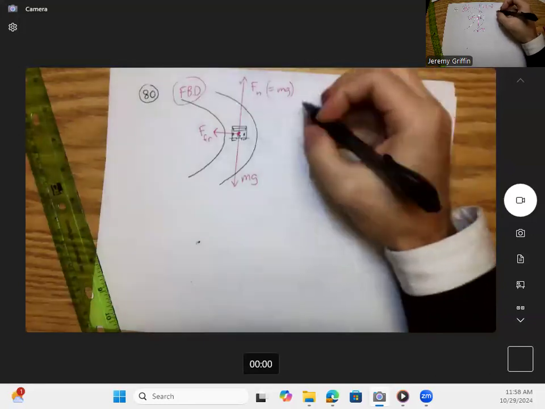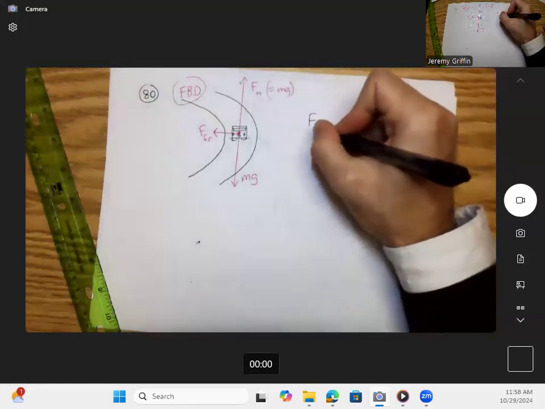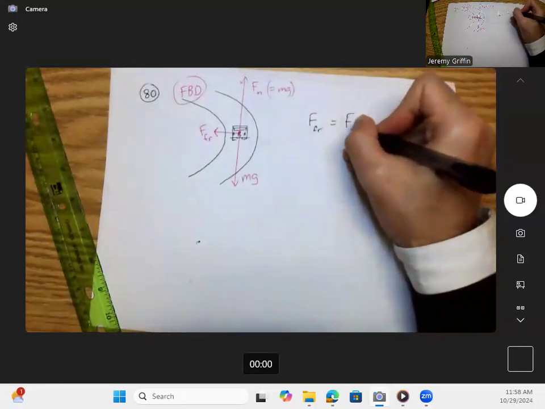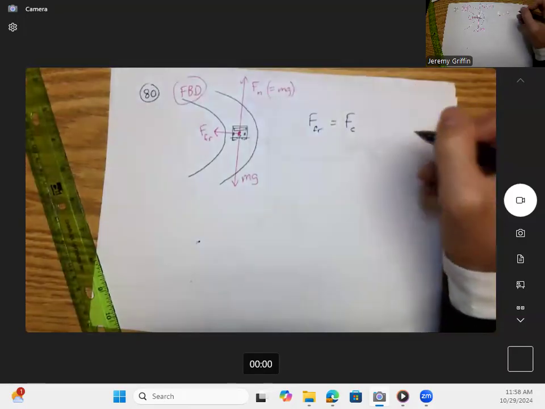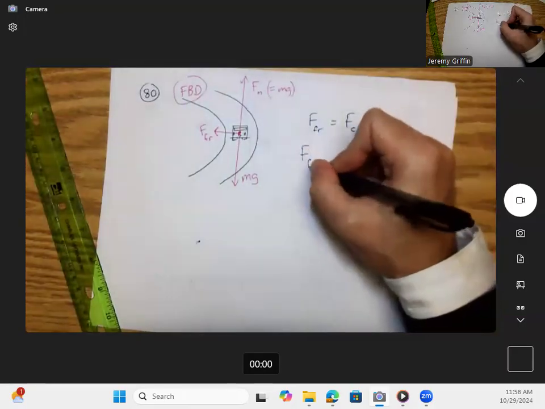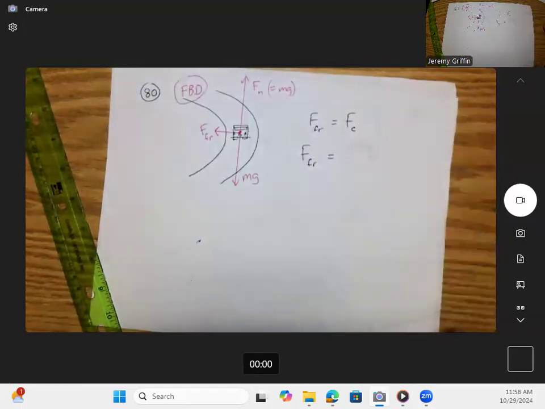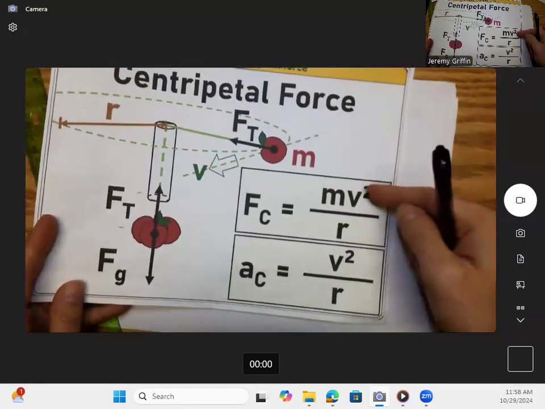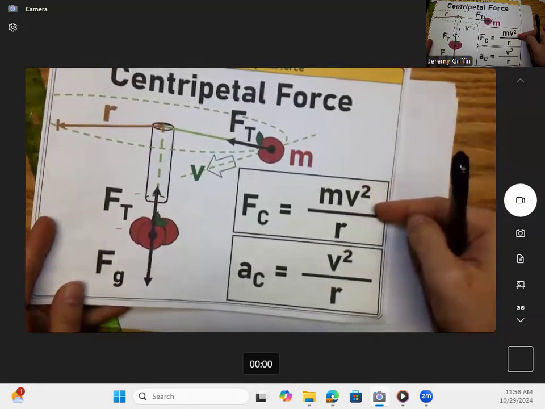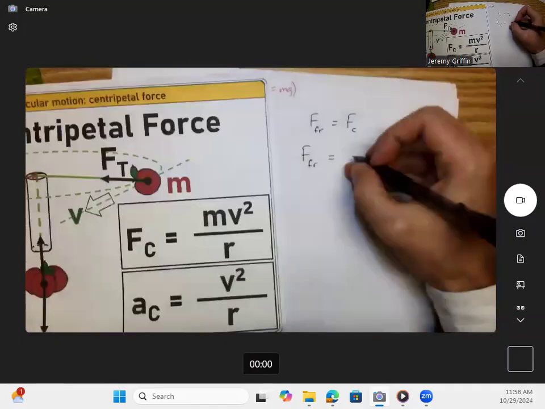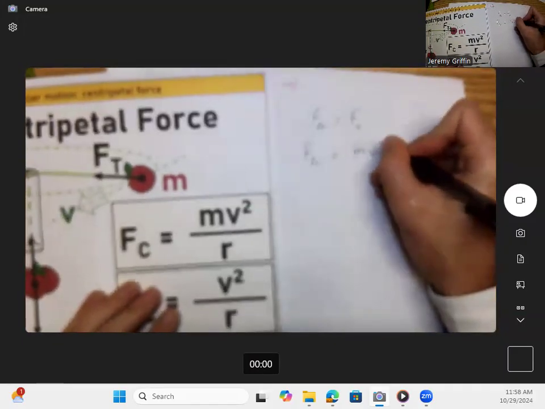Now, this friction force is acting as the centripetal force. Friction force is equal to, hey, do you guys know an expression for centripetal force? Yeah, mv squared over r.